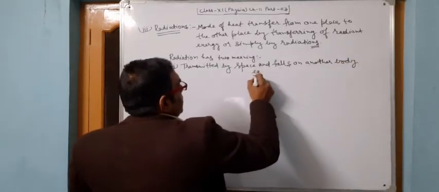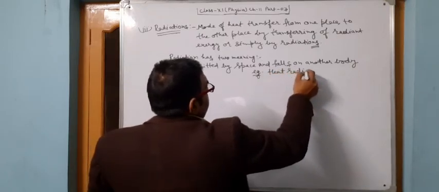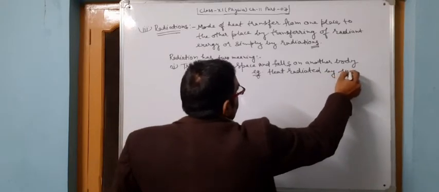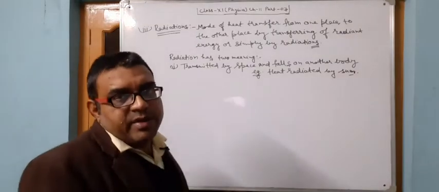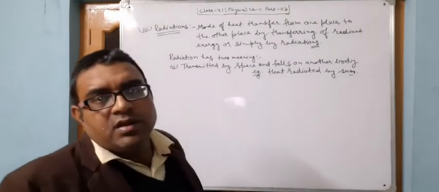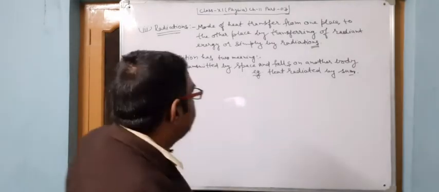Example: heat radiated by the sun. Whatever heat is radiated by the sun, it transfers through space and comes to another body, and that body will experience the heat radiated by the sun.